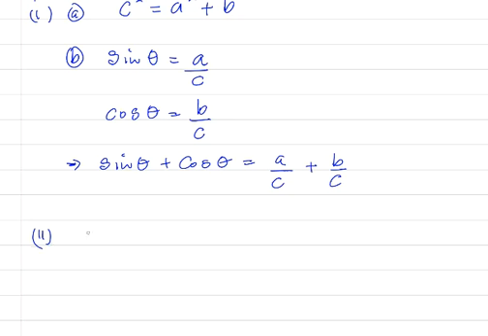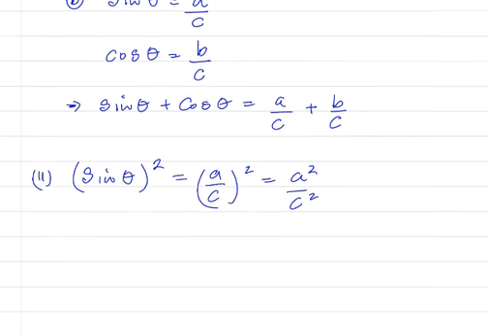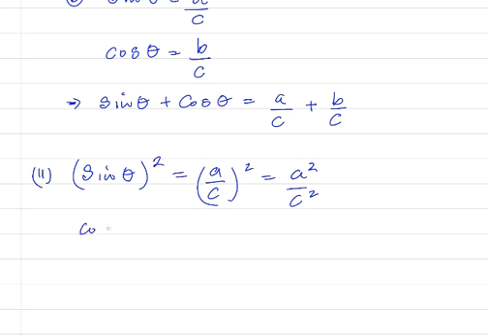I'll start by saying that sine theta square, similarly saying sine square theta, would be equal to A over C square, which would be equal to A square over C square. Cosine theta square would be equal to B over C square, which is equal to B square over C square.